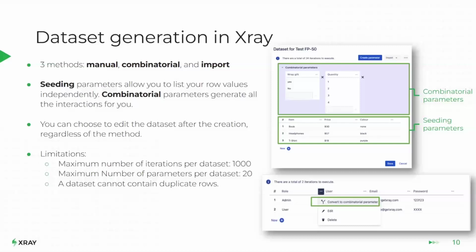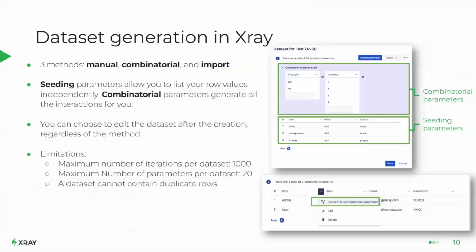They allow you to pick each value independently and build the scenarios however you would like. On the other hand, marking parameters as combinatorial tells Xray to generate all possible interactions for you. It is always possible to convert back and forth between parameter types, and you can have a mix of them in the same dataset.